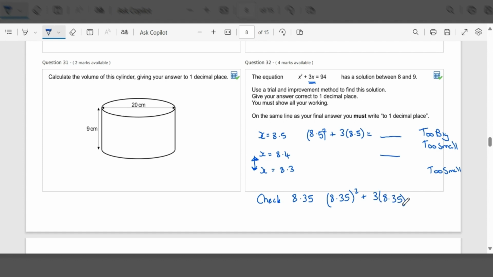But this is just a check. If the check is too big, then the answer is smaller than that, so it must be 8.3. However, if the check is too small, then the answer must be bigger than that, therefore nearer to 8.4. So that's the kind of setup I'm looking for: start in the middle and then work from there.